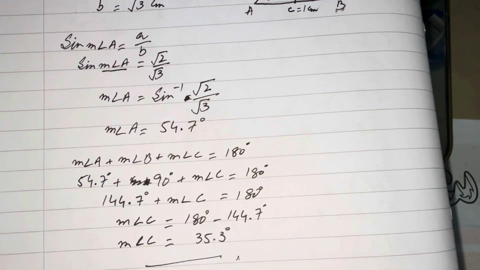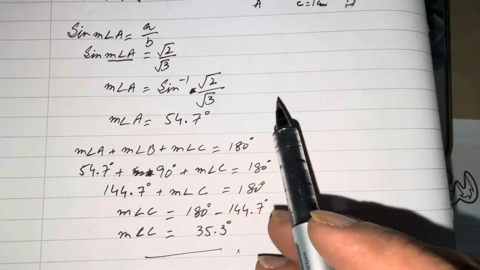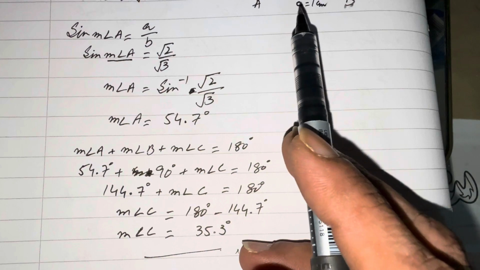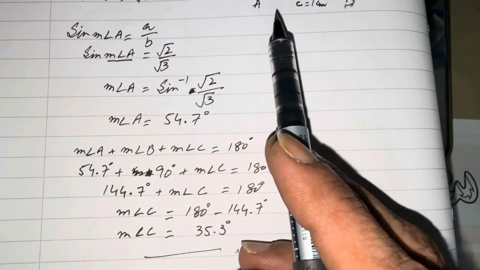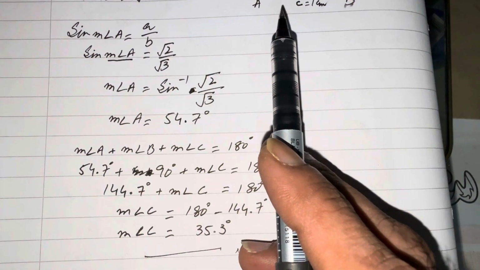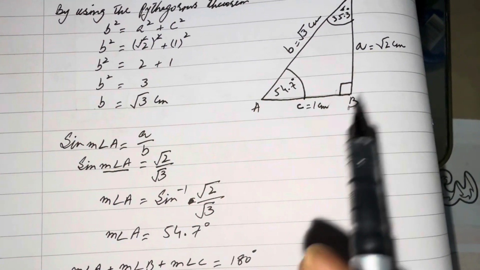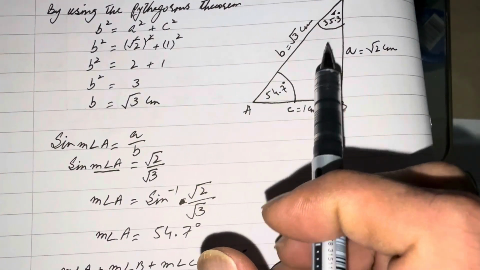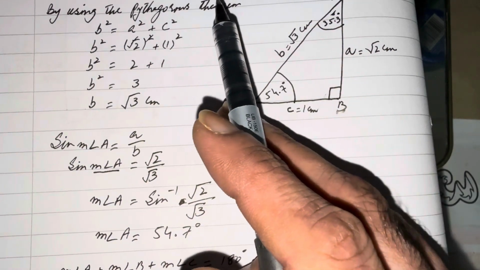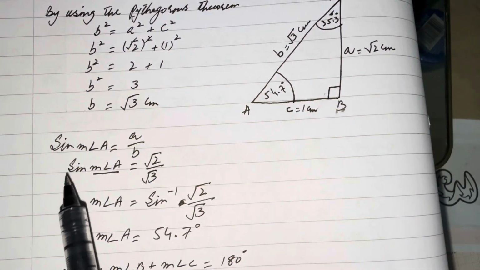So hopefully you will continue to watch this series on the right angle triangle, where we find the solution of a triangle by using the trigonometric ratios. So in today's lecture, we have found the lengths of the sides and the angles of the right angle triangle by using the Pythagoras theorem and trigonometric ratios.